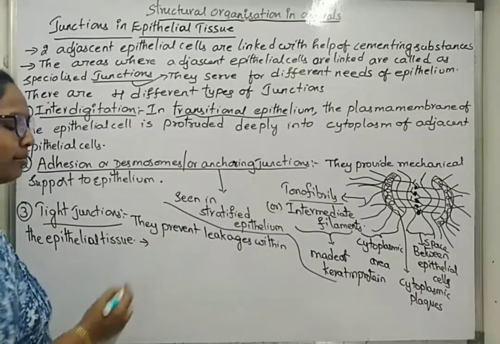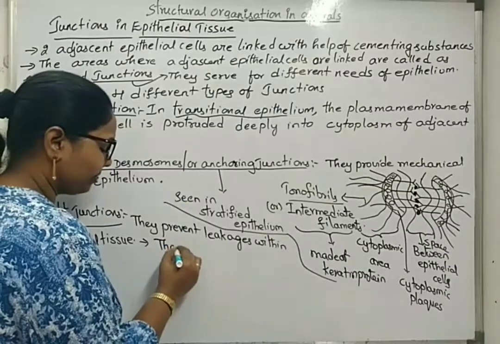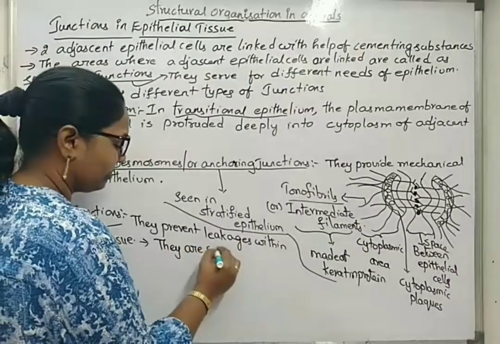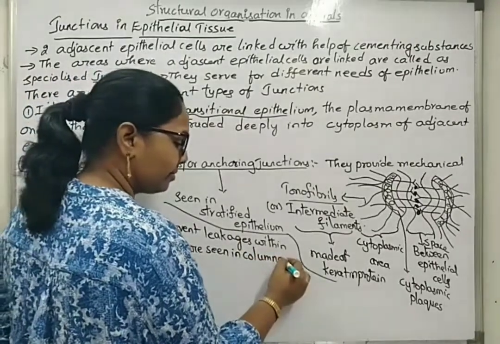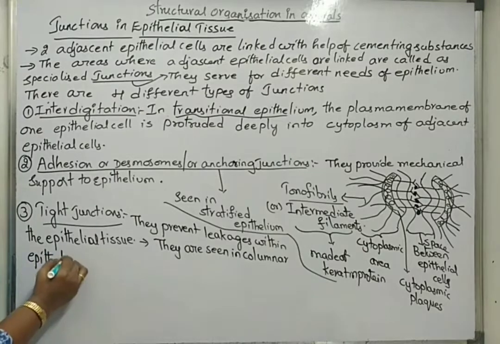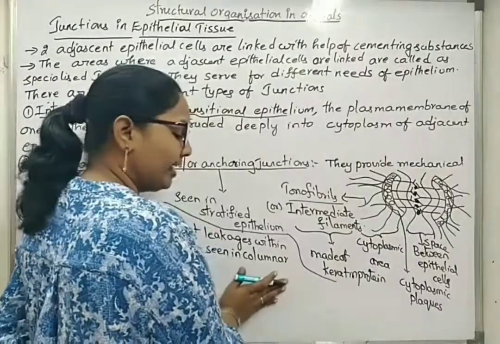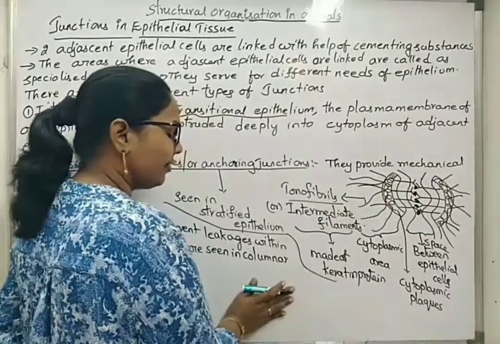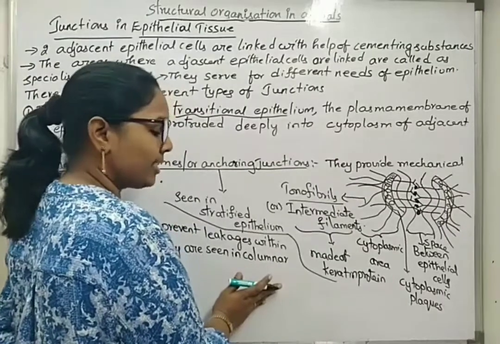They are mostly seen in case of columnar epithelium. Actually, these tight junctions are seen in between the cells where sweat glands are present.